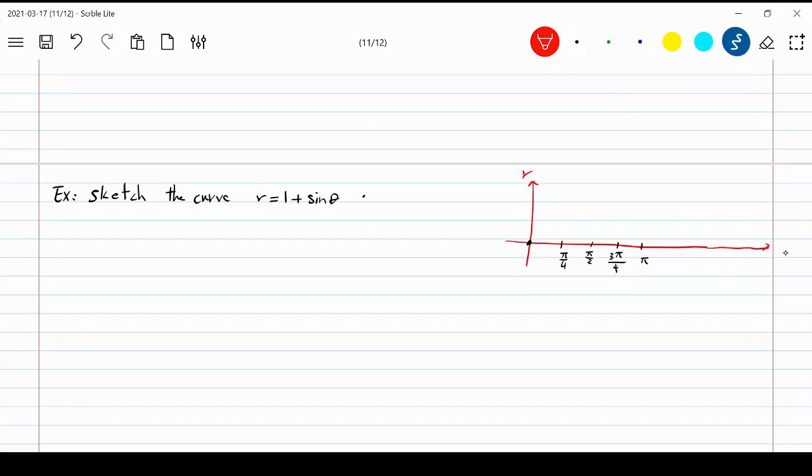Instead of doing the table, you can draw it on the theta and r axes. This is basically the Cartesian coordinates for theta and r. So here you would have pi over 4, and so on, 3 pi over 2 and 2 pi somewhere here. Okay, that's 7 pi over 4 here.